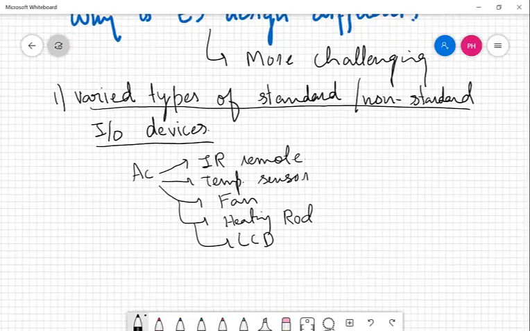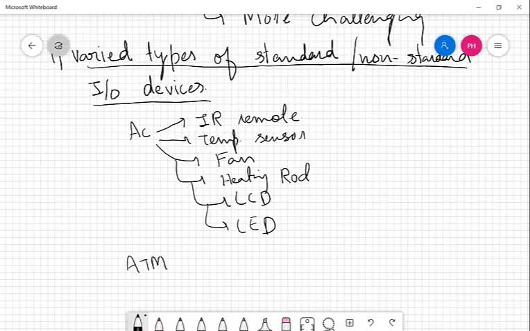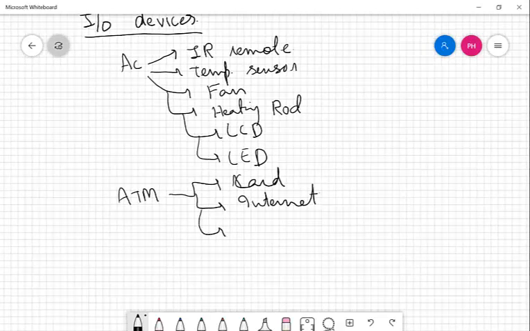There also may be some LEDs. In the case of an ATM machine, input is an ATM card. Input is from the internet. Output is in terms of motor movements, which actually give us the cash.